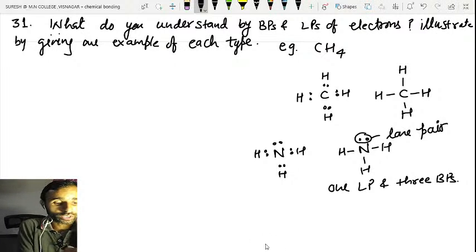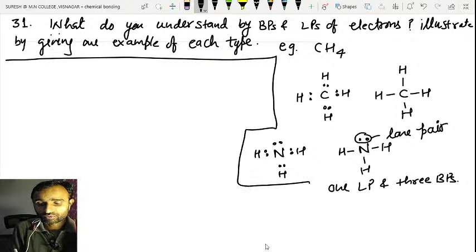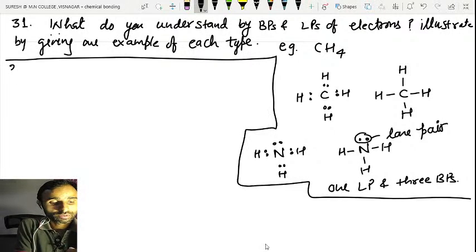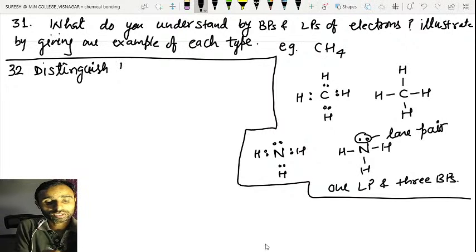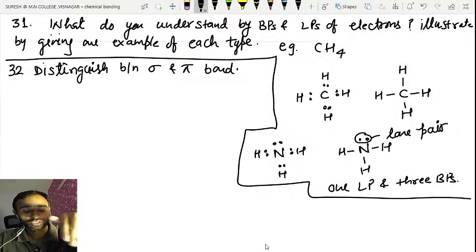Next is question number 32. Distinguish between sigma and pi bond. We have done it earlier, we have done a few points.